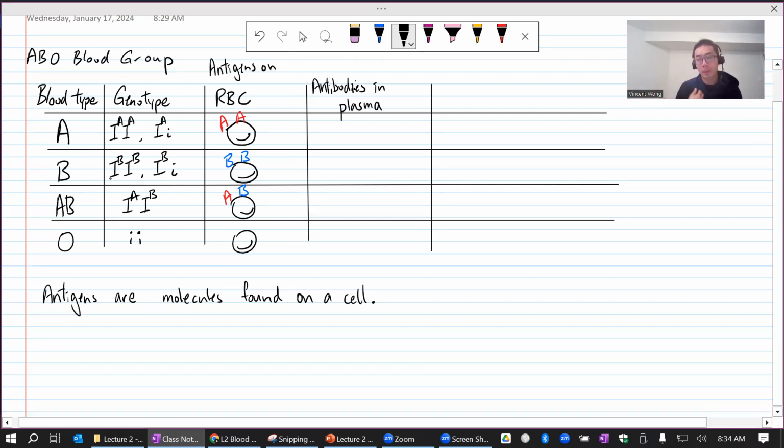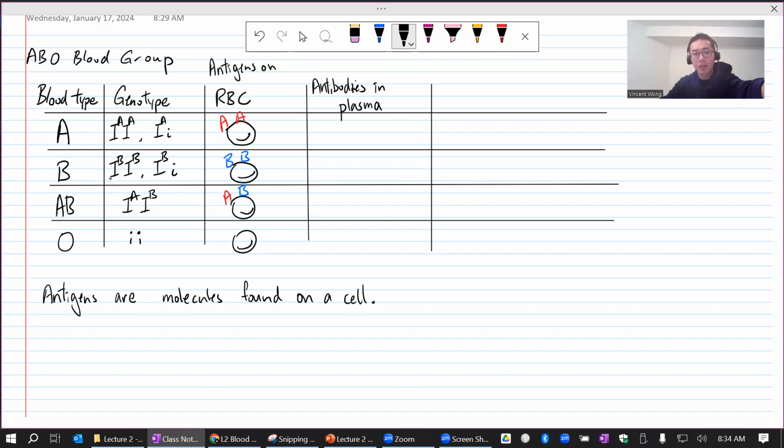What we are talking about specifically in this case are antigens that are found on the surface of red blood cells, because that is what's going to be determining your blood type. Okay, so if you have antigen A on the surface of your red cell, then we say you have type A blood. If you have B antigen on the surface of your red cell, then you are type B blood, so on and so forth, right?